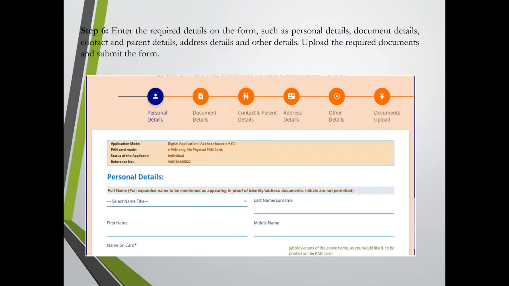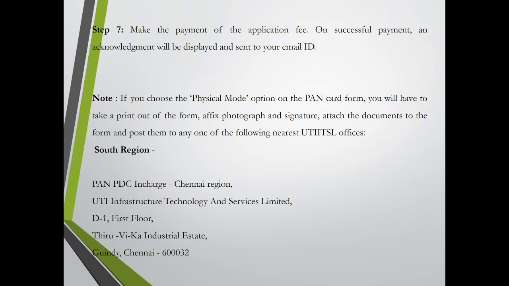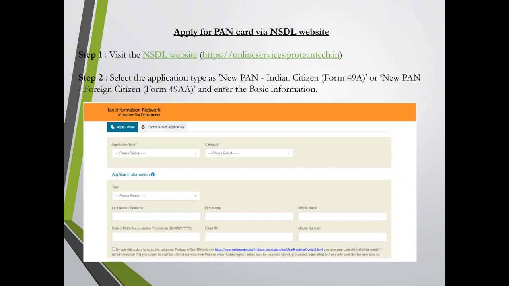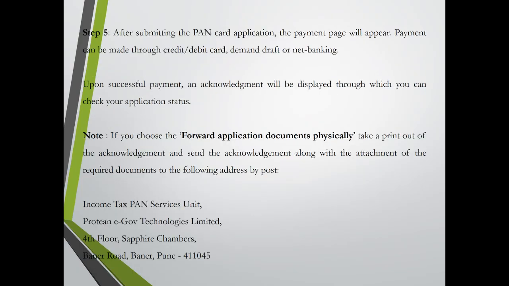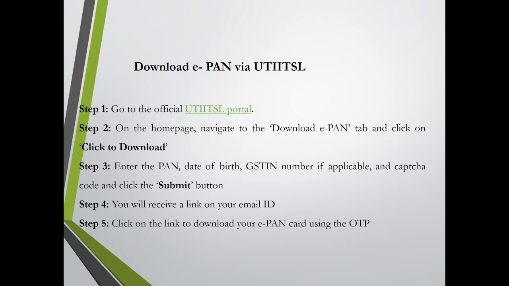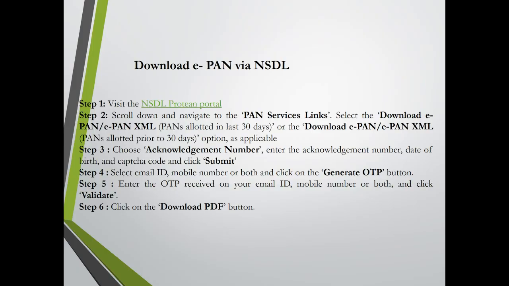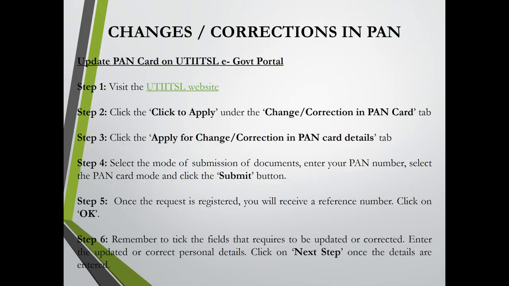What are the details to be typed? How to make the payment for submission. Then the new PAN for foreign citizens under 49AA as well as the 49A Aadhaar-linked application procedure we were discussing. How to download this EPAN we have discussed. How to make changes and corrections in PAN we also went on to discuss.